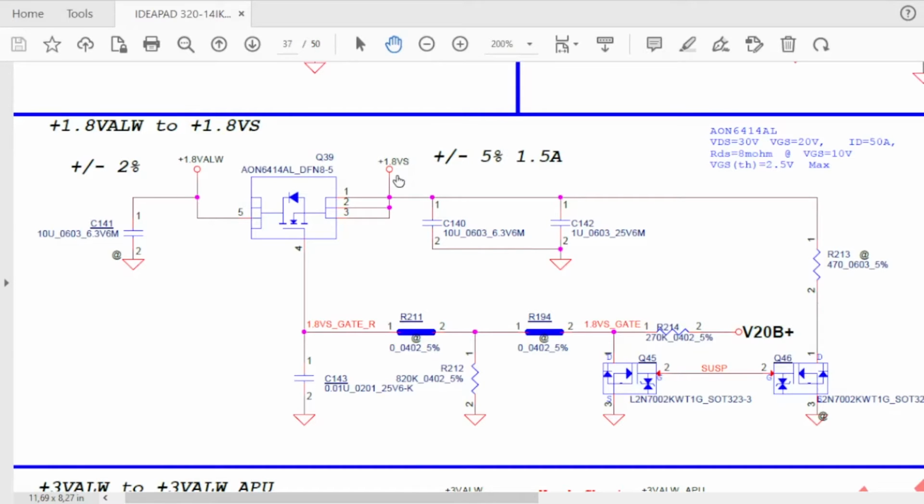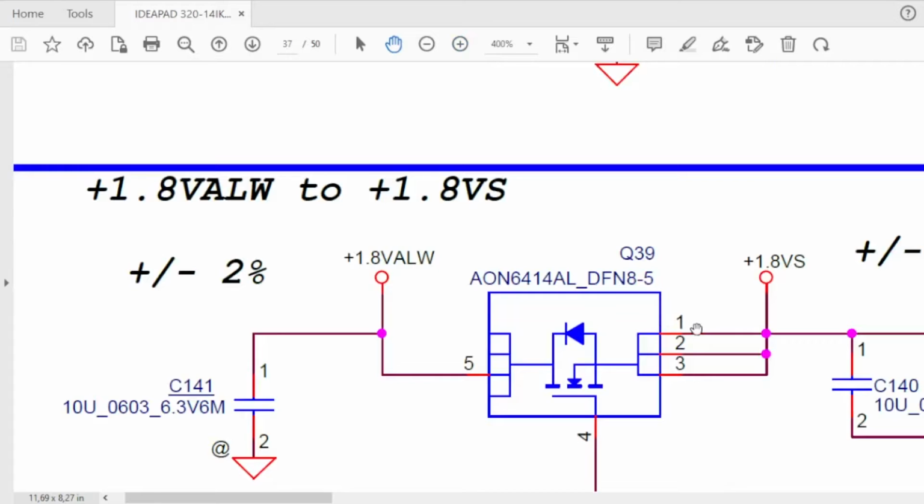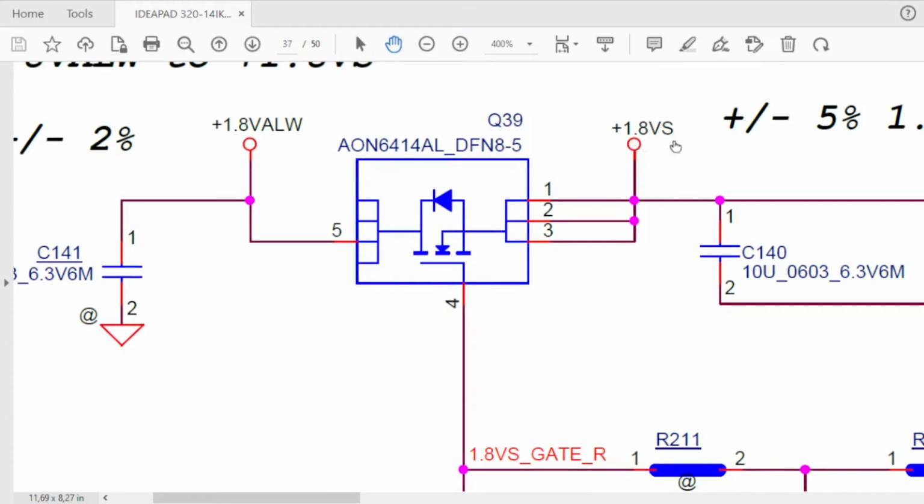Here you can see the voltage 1.8 VS. The voltage at this point, when we check using the multitester, is just about 0.9 volt. So the voltage is dropped.